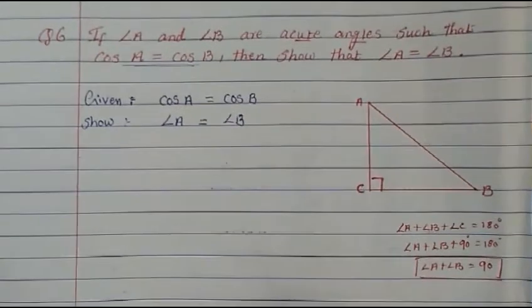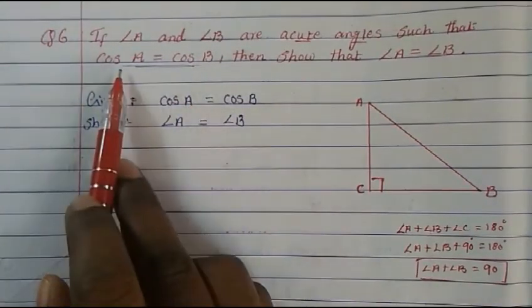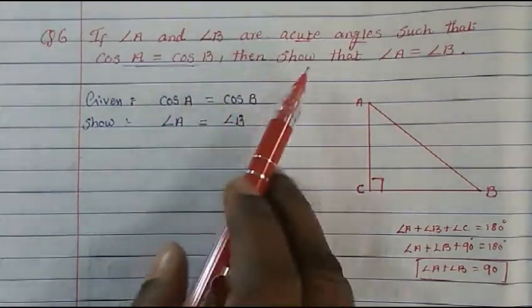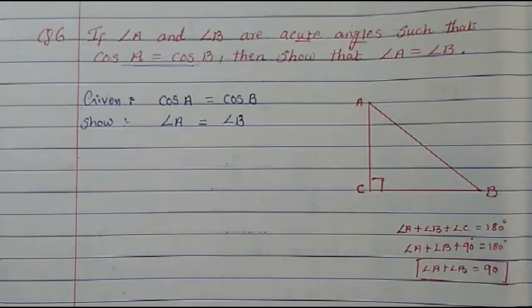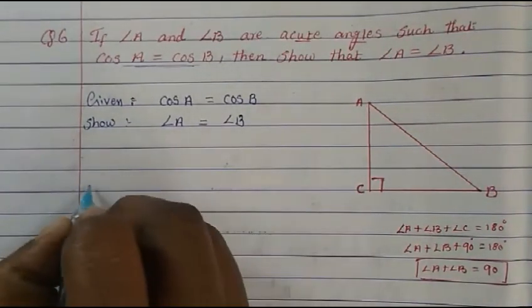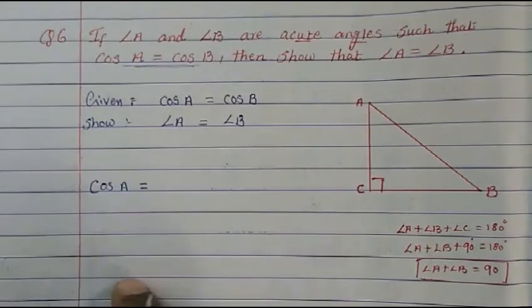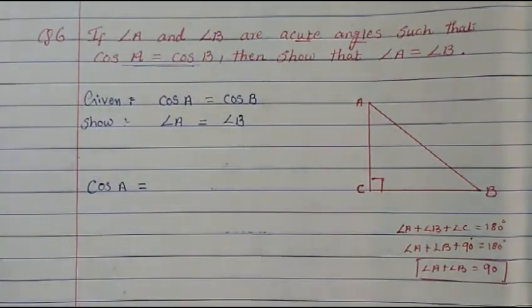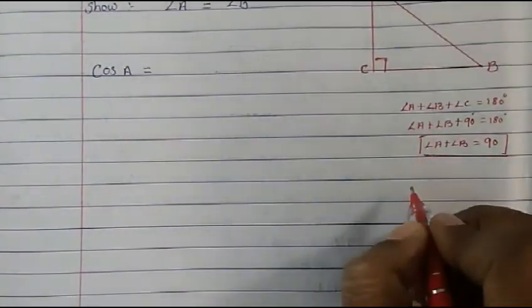Okay, coming to the question now. This is given to us that cos A is equal to cos B. Then show that angle A is equal to angle B. So first let us write down what cos A is. You have to write down the ratio. To remember the ratios, I have told you, you can remember in your own ways.